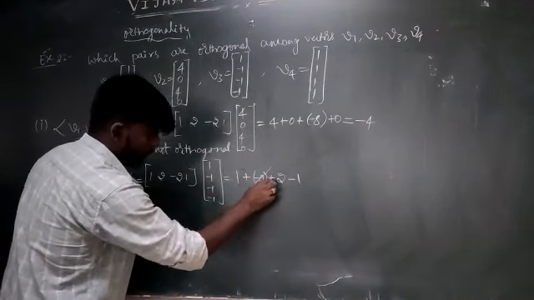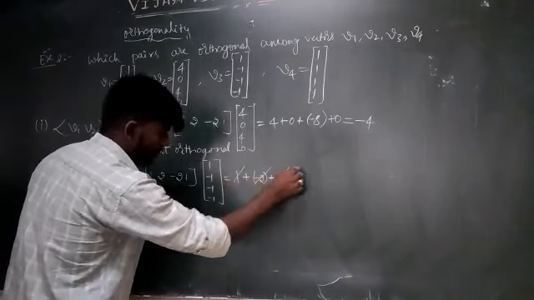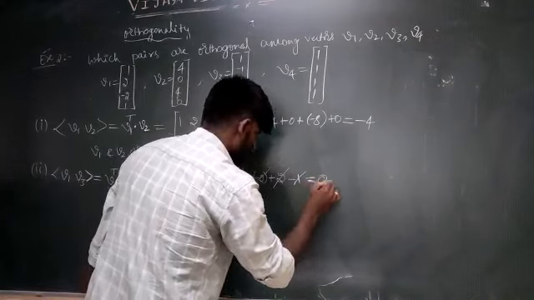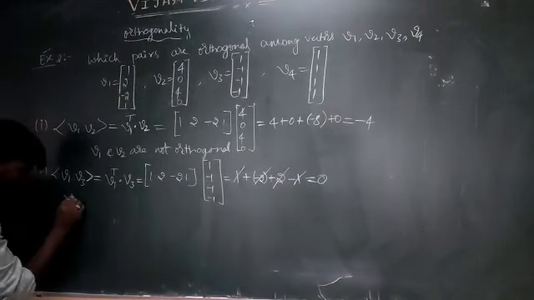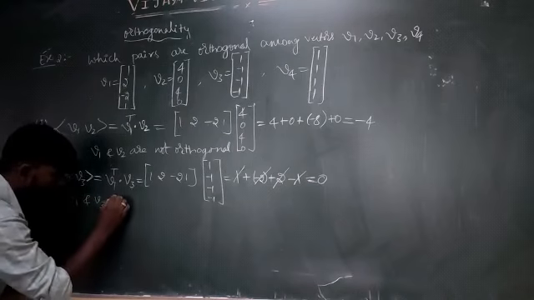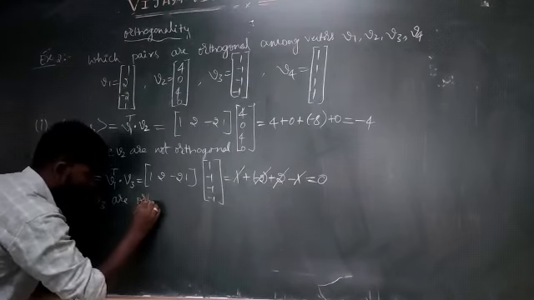Here -2 plus 2 cancels and 1 minus 1 is 0, which equals 0. Therefore the inner product of these two vectors is 0, so v1 and v3 are orthogonal vectors.